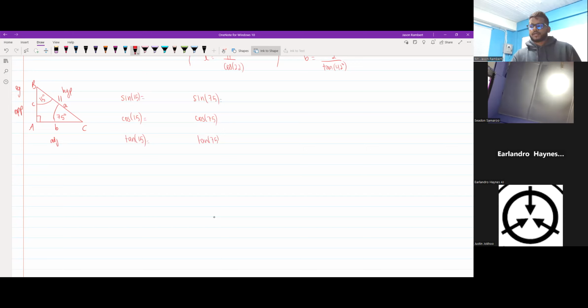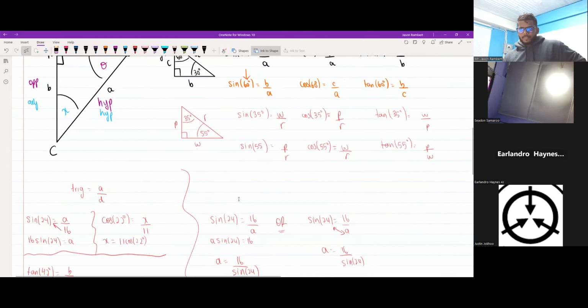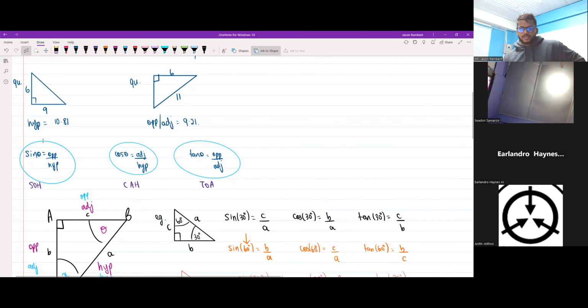Depending on what time I come back, I'll do the corrections for it, okay? But all you're doing is figuring out what the relationship is here. It's something over something, right? Something over something. We know the 3 relationships.